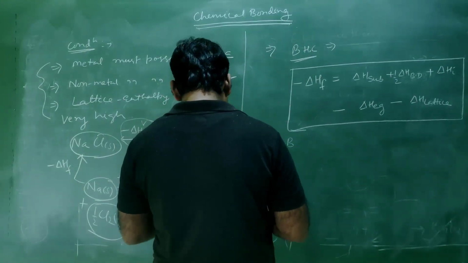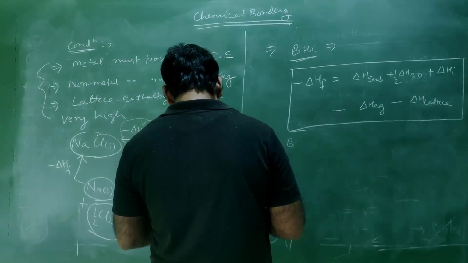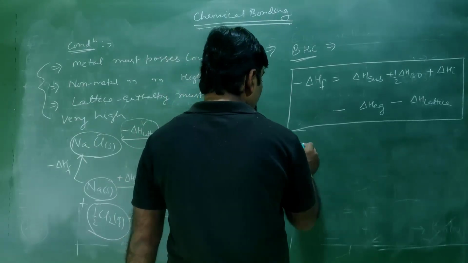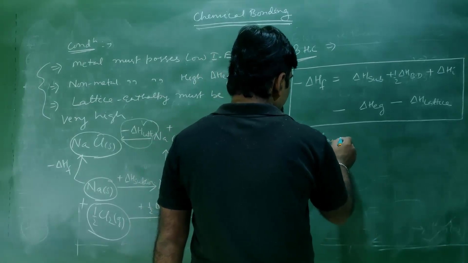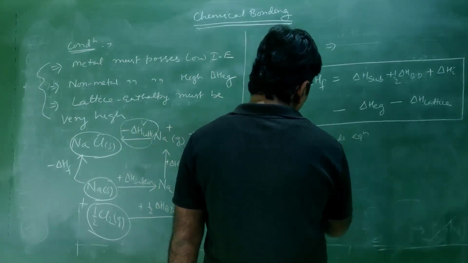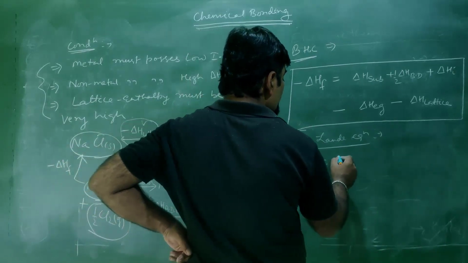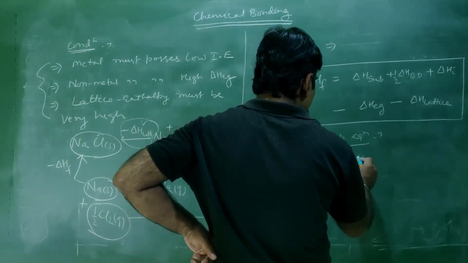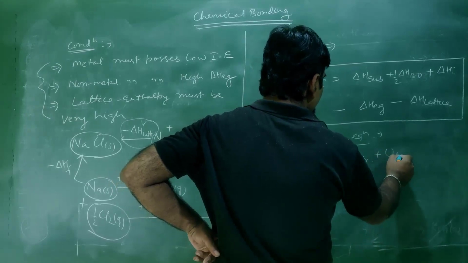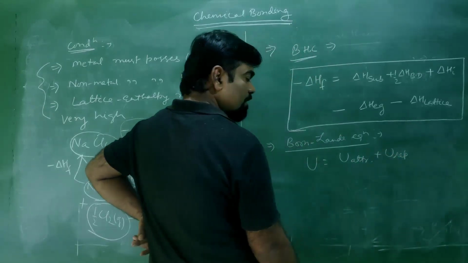According to the Born-Lande equation, lattice enthalpy is equal to the summation of attraction energy plus the summation of repulsion energy.